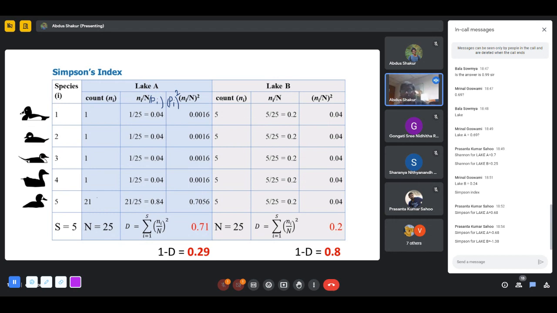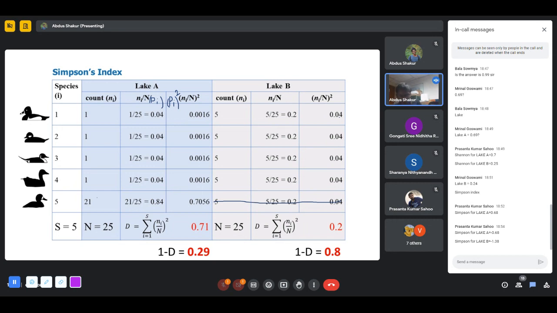Okay, and similarly for Lake B. When you do this for proportion, basically we had 4 species. We didn't have one of those species, so this is not there, but if you just calculate 0.04, 0.04, 0.04 into 4 times, what is it?